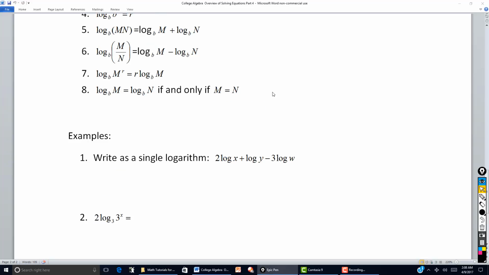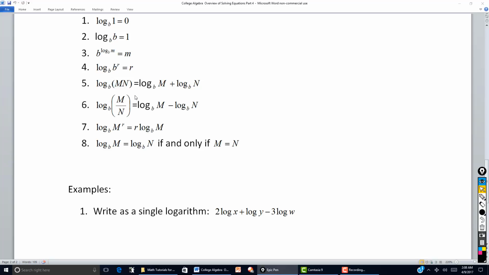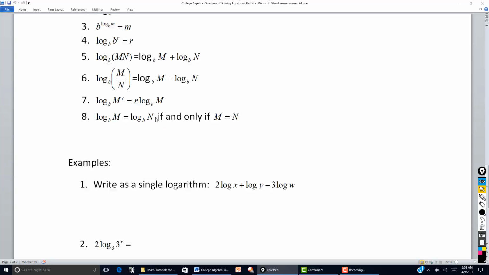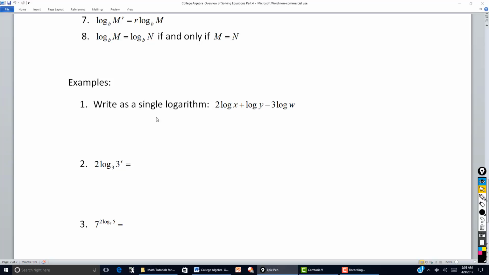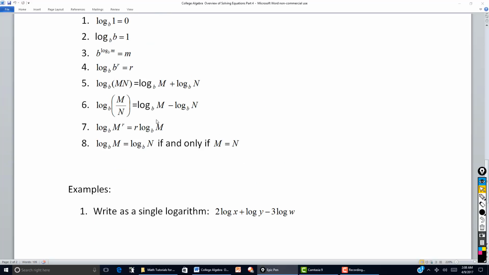And then I'm going to be using also number 4. If I have a log of b to some power, and these two bases are the same, then the answer is going to be whatever the exponent is.